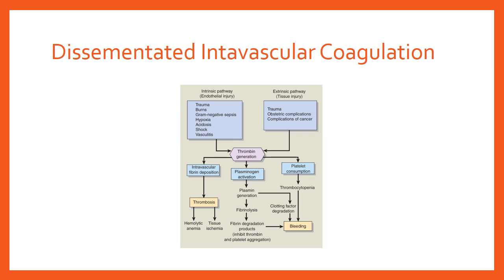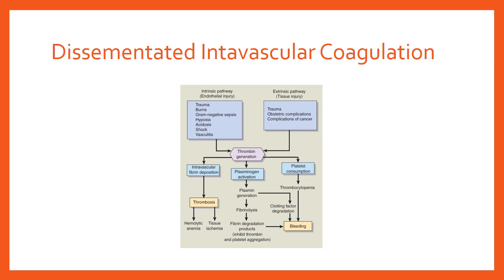When we have thrombosis with lots of vascular fibrin deposited, we'll have ischemia in the tissues. Also, the blood cells themselves will be destroyed. Too much thrombin brings plasminogen into play.